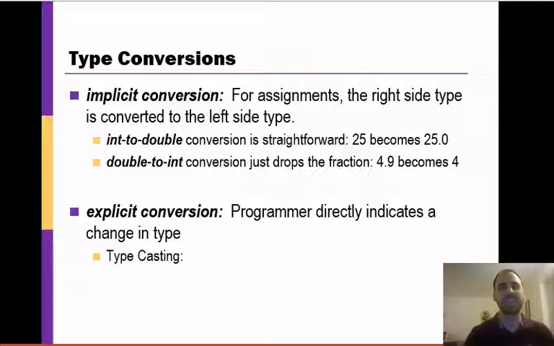The form of that is called typecasting, where the programmer directly indicates that they want to change the type of data from one to another. We'll look at that as well. And through some of these conversions, we'll see some functions we can use to help with the data conversion process. There's a few included in some common libraries that help us convert one data type to another. We'll look at those in a couple examples momentarily.